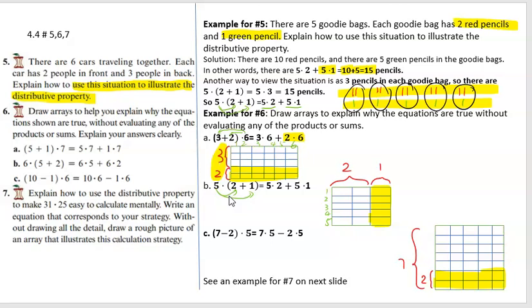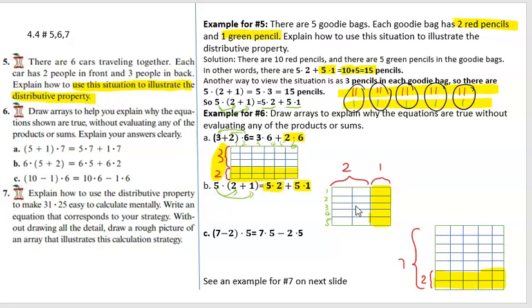Again, you could add all the columns together to get 2 plus 1, which gives us 3, and then do 5 times 3, so 5 times the total number of columns. Or you can do 5 rows and 2 white columns, and then find out 5 rows and 1 yellow column and add them together.